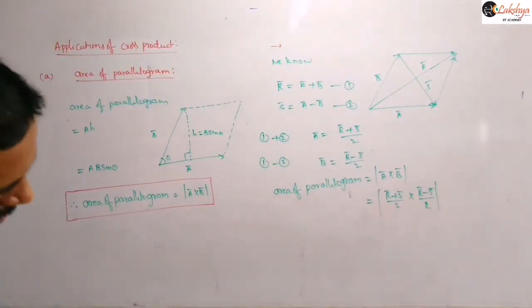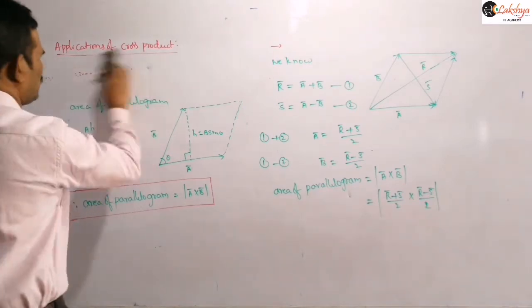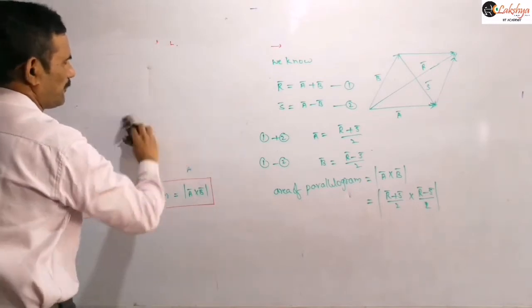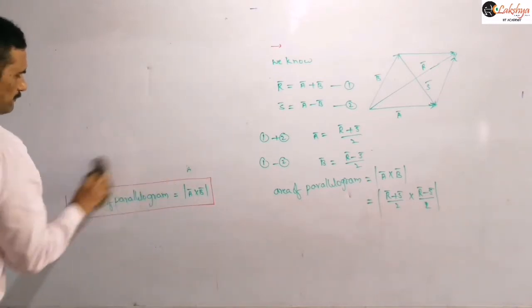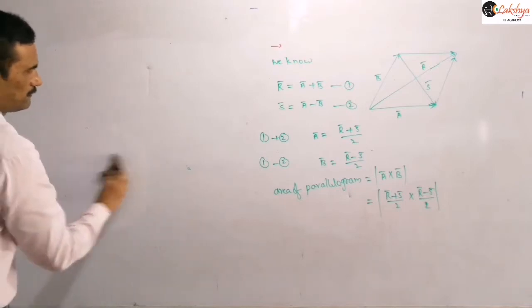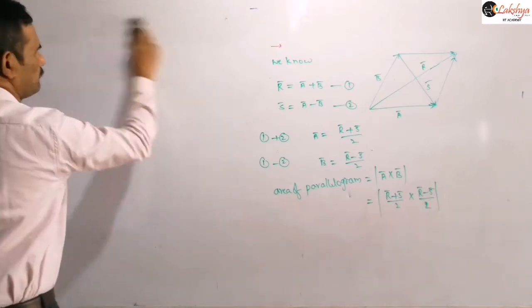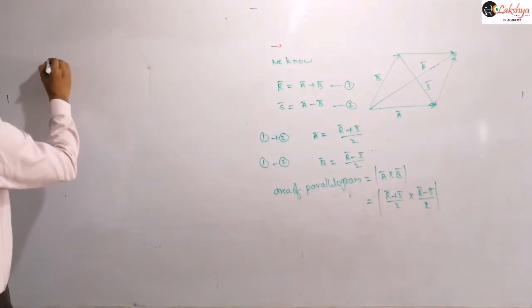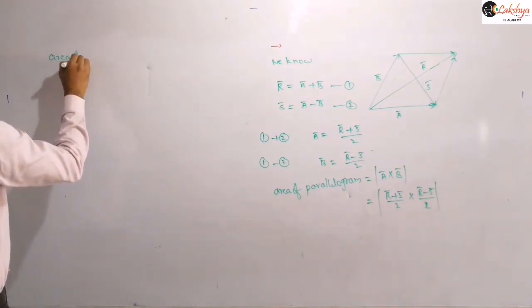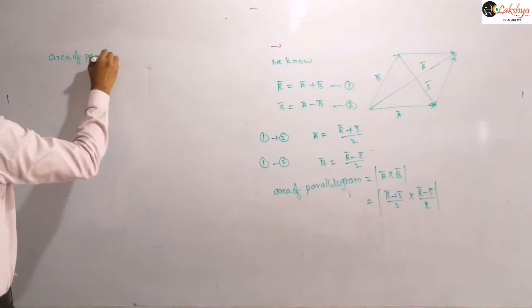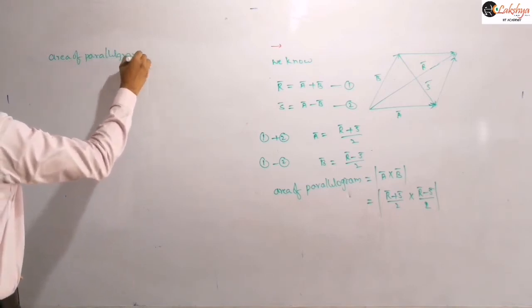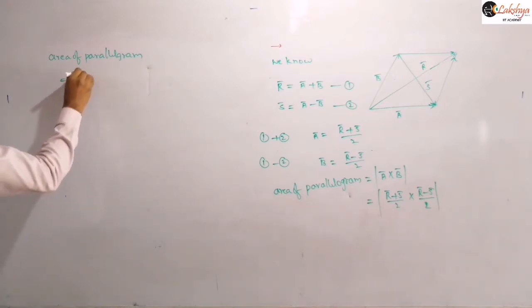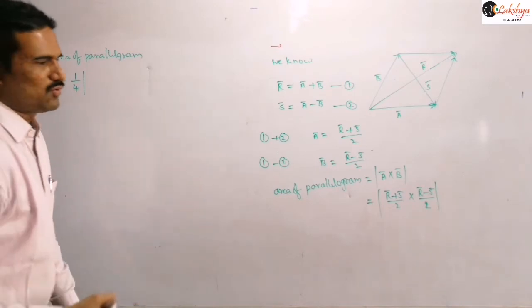So let us simplify this product now. Therefore, for the area of the parallelogram we are calculating here, we can write 1 by 4, I am taking out 1 by 2 into 1 by 2.